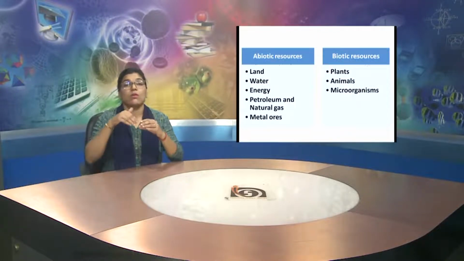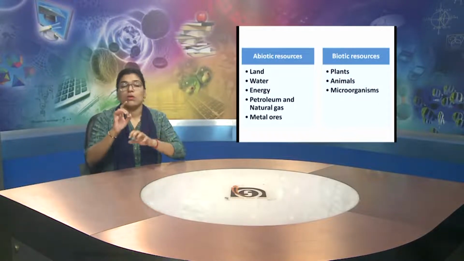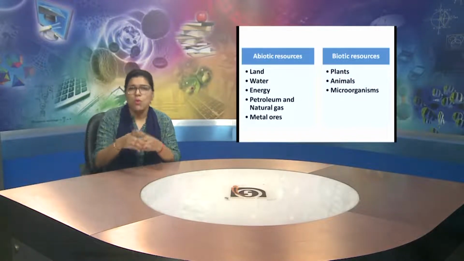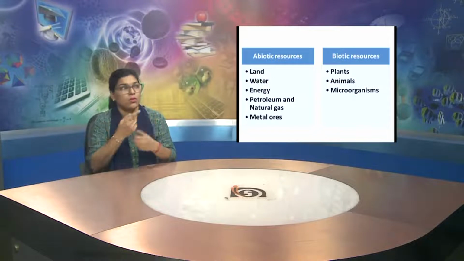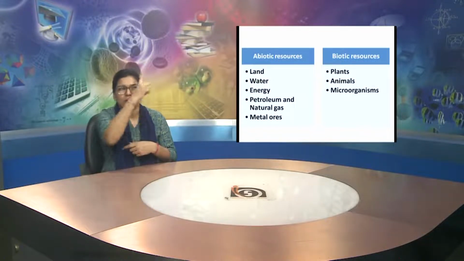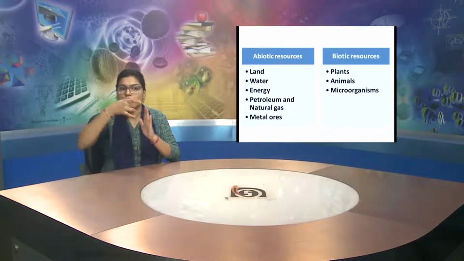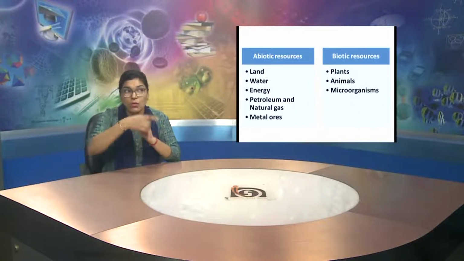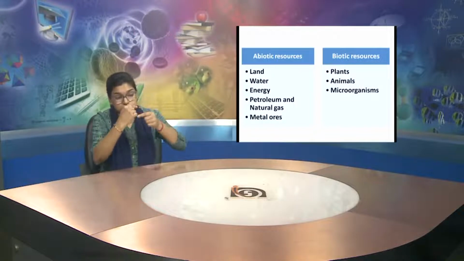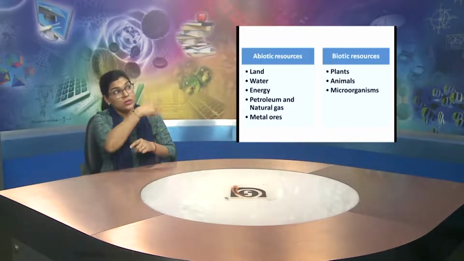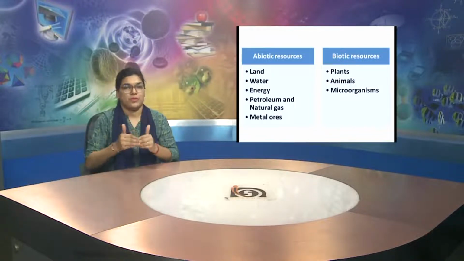On the right side of the screen you can see the biotic resources are plants, animals, like we are also biotic resources, and microorganisms. We will understand both of these resources in more detail in our further slides.